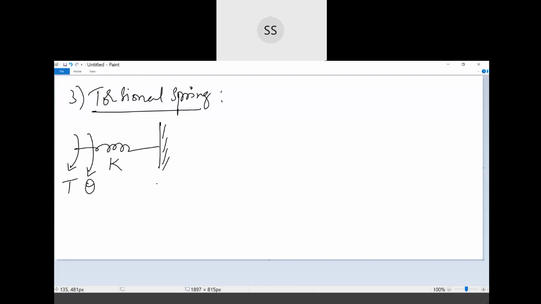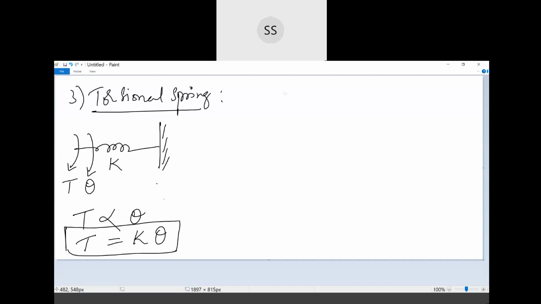The equation for this: T will be proportional to angular displacement theta, or T is equal to K into theta. Because of the torque, the spring will be twisted, so therefore that is a torsional spring, and the opposing torque given by that spring for this T will be proportional to theta. So we can write T equal to K into theta.